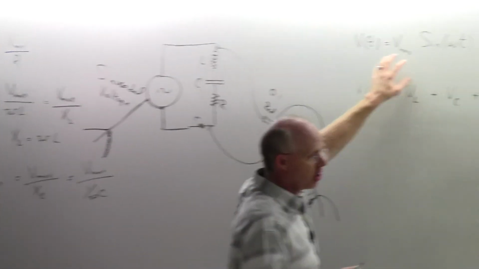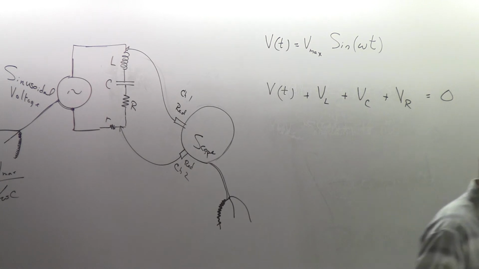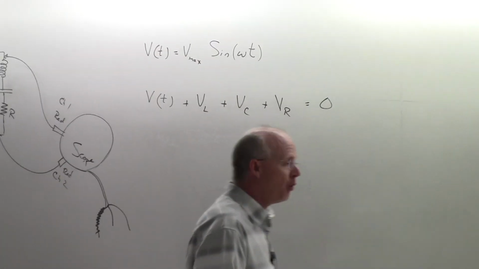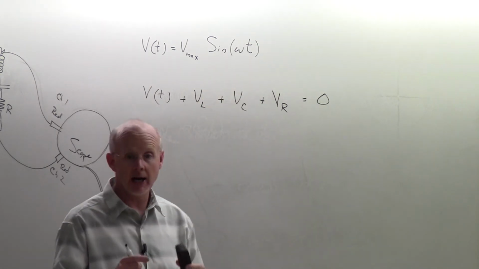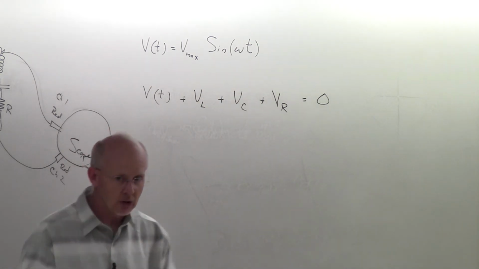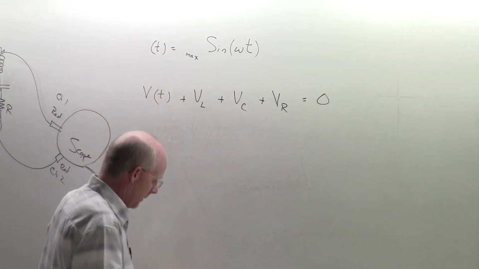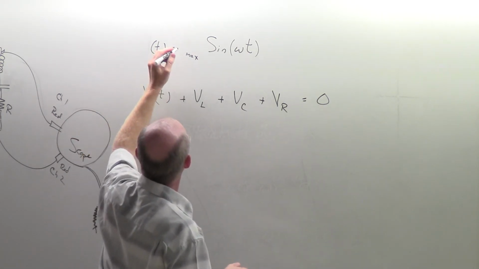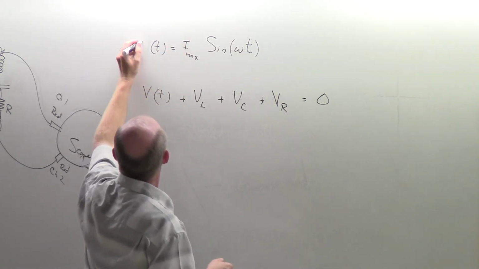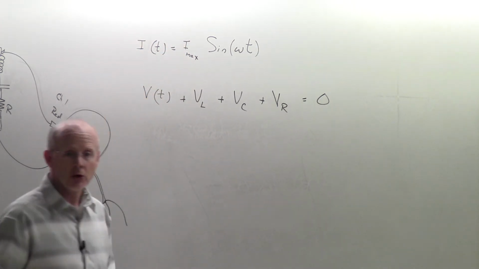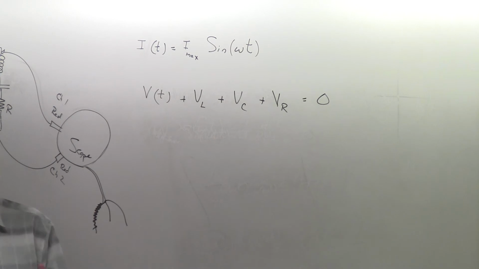So let's do something like this. Let's change our notation just slightly. It was nice to talk about the voltage changing with time when I was kind of explaining what was going on. But it might be more helpful to just say there's going to be some current set up.